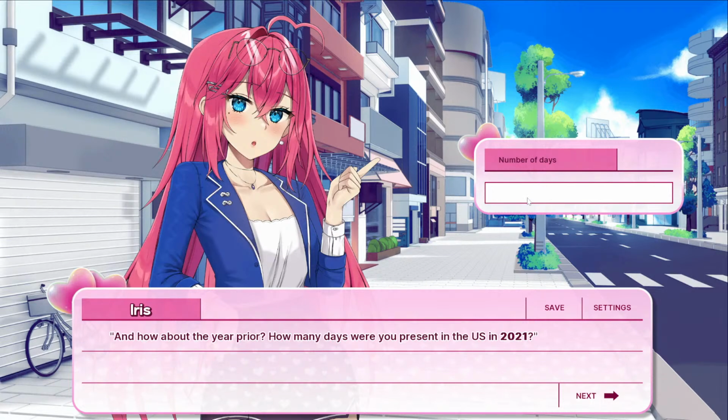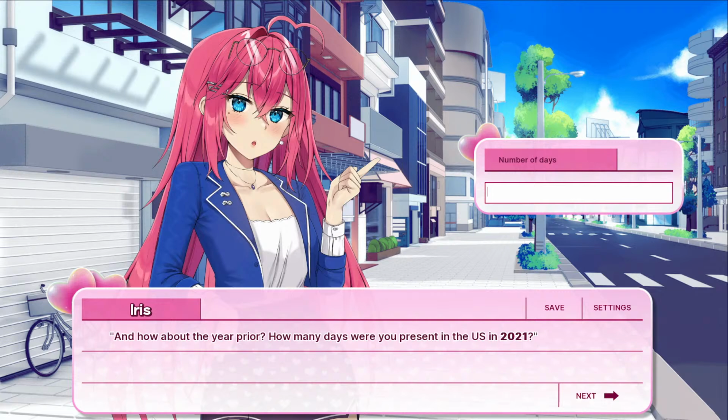Oh, geez, I think I messed up. 100 days for 2022. Under how many months is 100 days? That's more than three months, right? January, February, March, April.